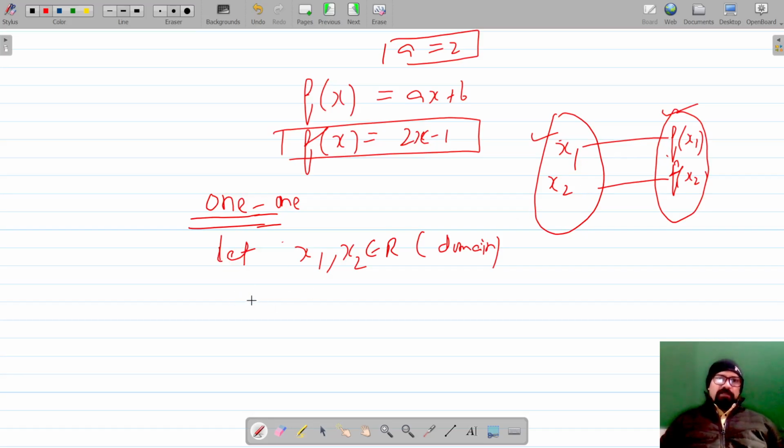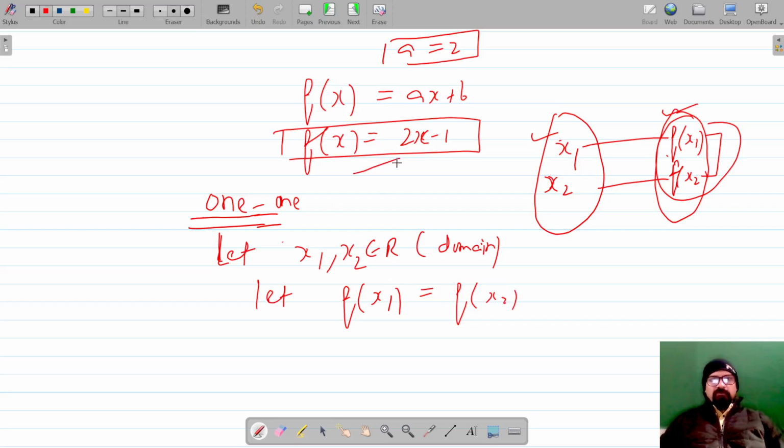But let's consider it the other way. Let's say these two images are equal. If x1 and x2 are different but have the same image, then we can say that the function is not one-one. So let's say the images are equal, that f of x1 is equal to f of x2.